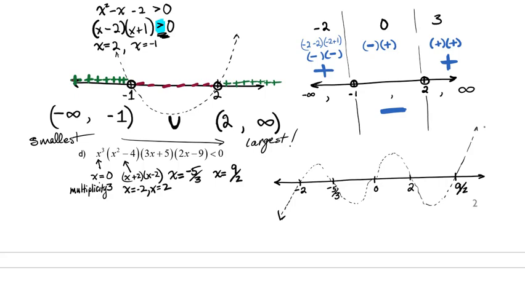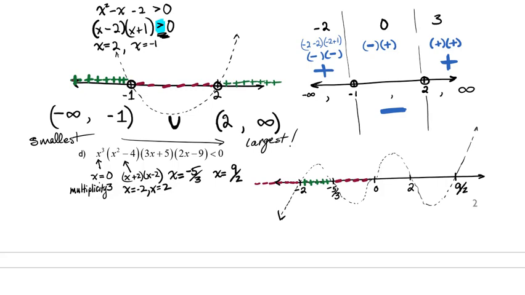But for now, let's just identify where this is positive and negative. To the left of -2 in the domain, the range is negative. Between -2 and -5/3, it is positive. Between -5/3 and 0, the polynomial is negative.